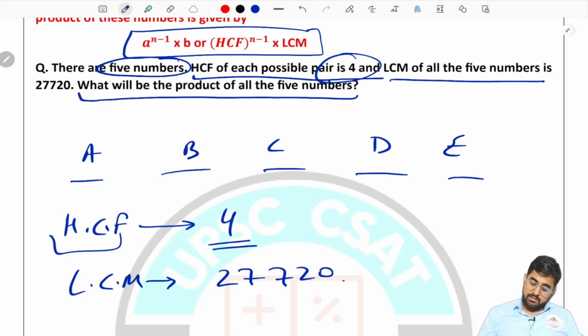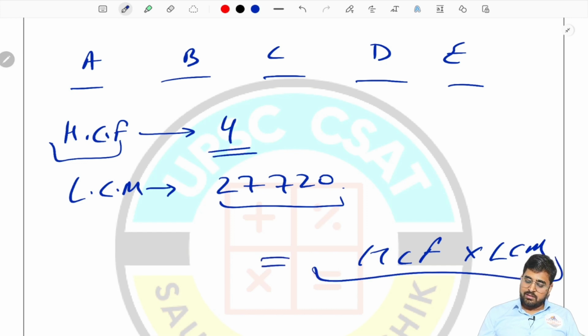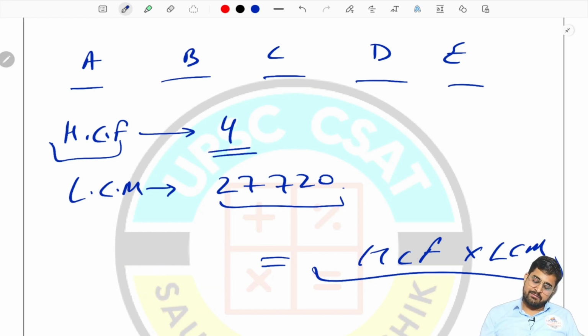No issue, sir. We have read that HCF into LCM gives the product of the numbers. In that case there are two numbers x and y, but here we have five.